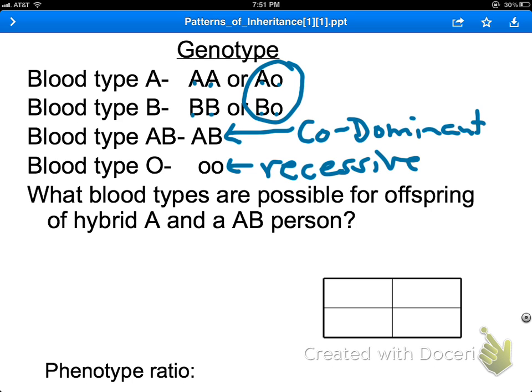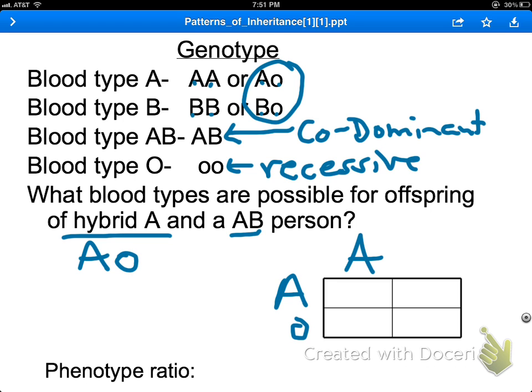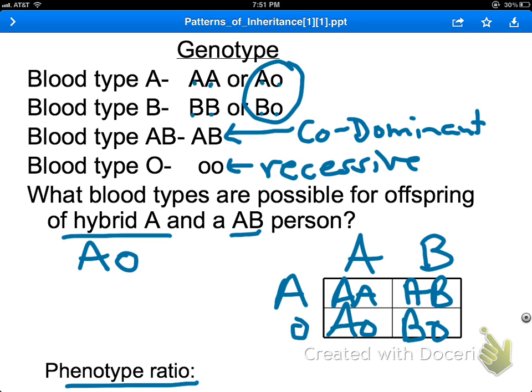Let's do a cross with this. So here we have a hybrid A. Remember, hybrid means they're going to have two different alleles. So that's going to be the AO. And the AB blood person is going to have an A allele and a B allele. Looking at our phenotype ratio, I have an A blood here, and I have an A type blood there. So I have two A type bloods.